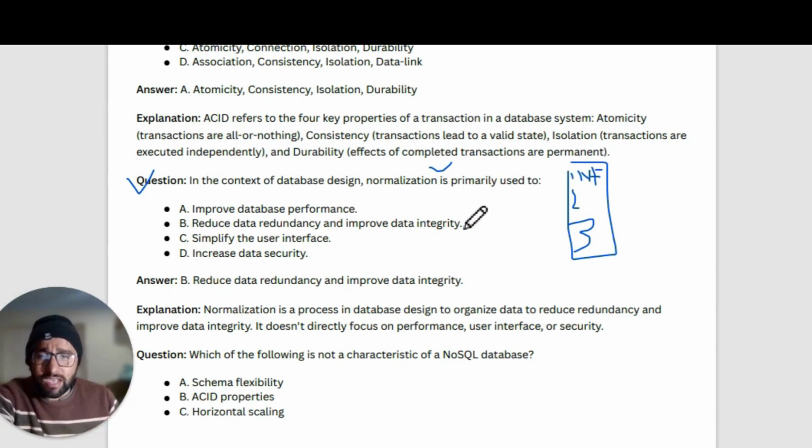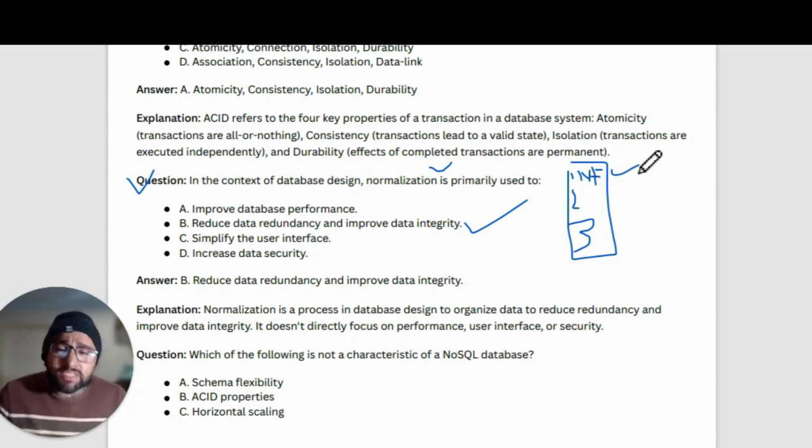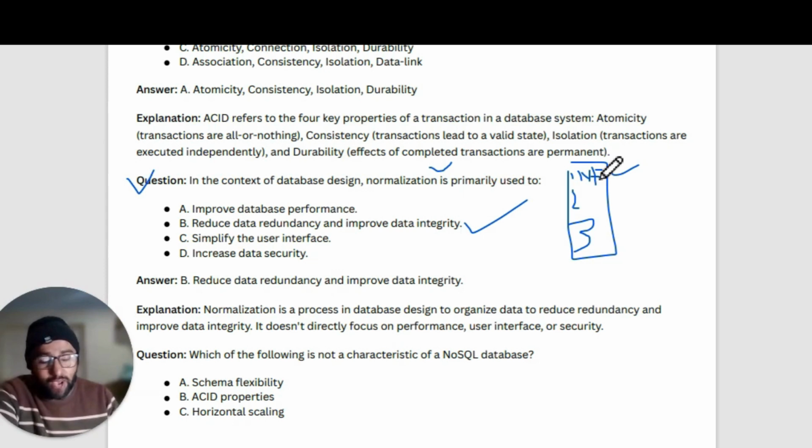And what normalization does is reduce data redundancy and improve data integrity. How this is achieved is through these three normal forms. What happens in the first normal form is that the concept of atomicity should be there. For example, you have a table in which there are three columns.